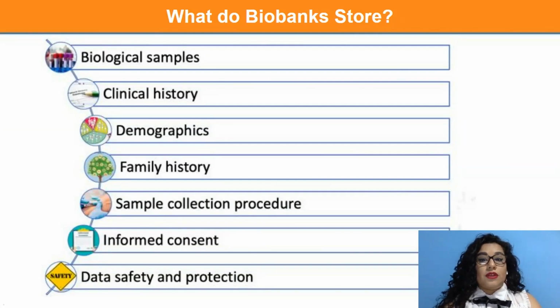Also, family history. With this data, the researchers can get health information from the family of the patient, for example, the parents or the grandparents. And this is really important for some research that could use the genetic history.